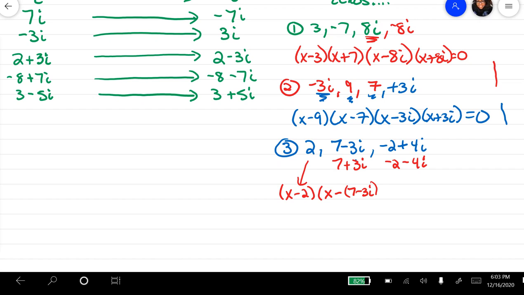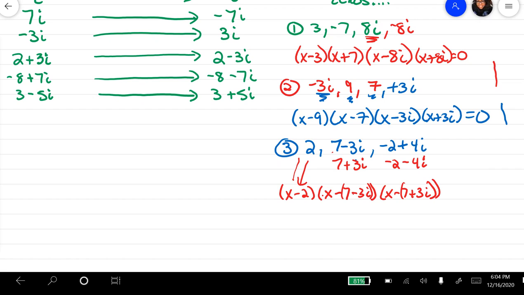You don't necessarily need the extra set of parentheses. But the 7 has to be the opposite still, just like the 2 is the opposite. So it's going to be x minus 7, and then minus 3i, x minus 7, and then it's going to be plus 3i.